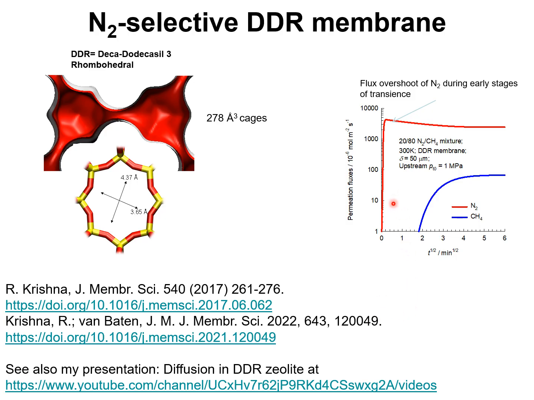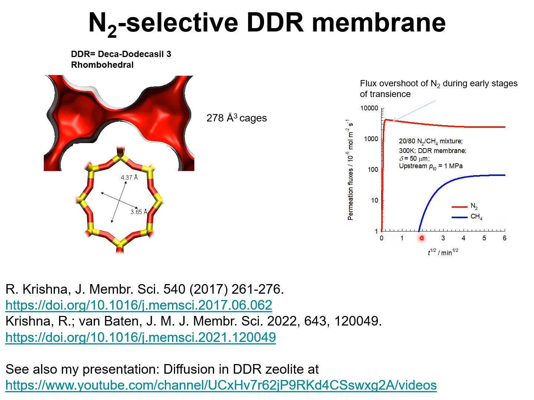We note that the permeation flux for nitrogen shows a pronounced overshoot in the fluxes before it reaches its steady state value that is higher than that of methane.